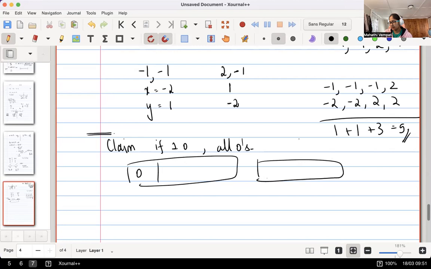If these guys are not all 0, then there's at least 2 different numbers, right? So something like x and something like minus x, and so on.